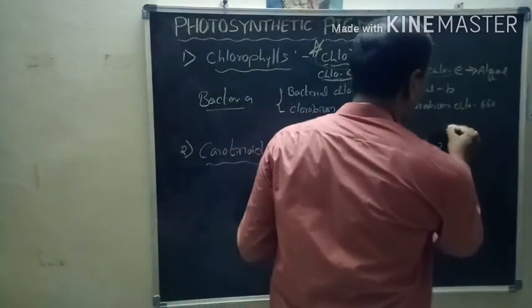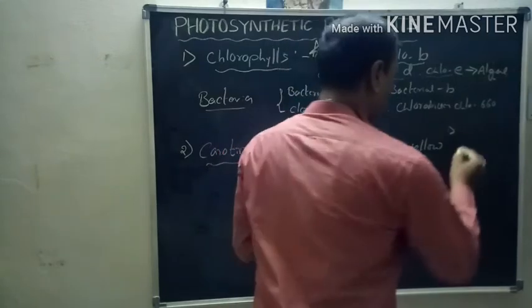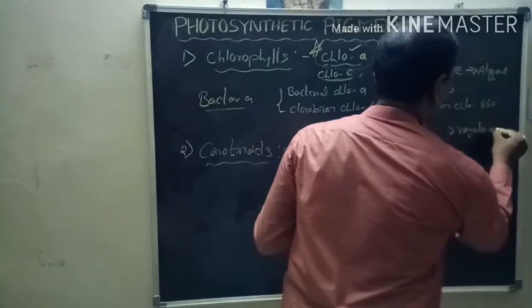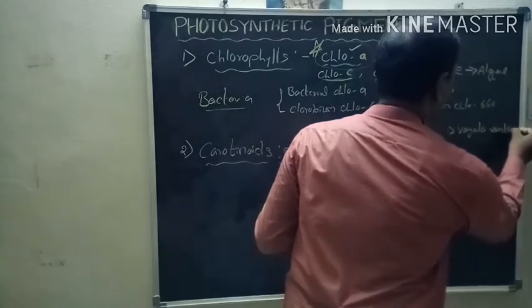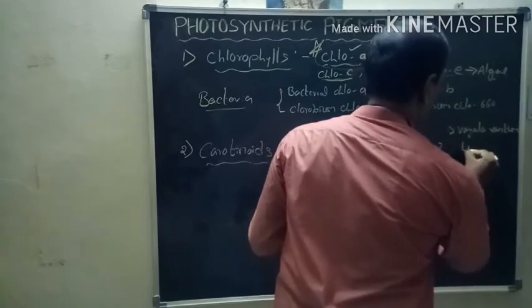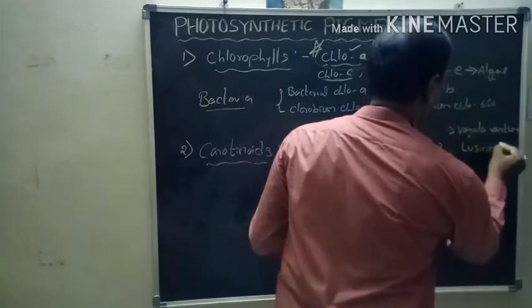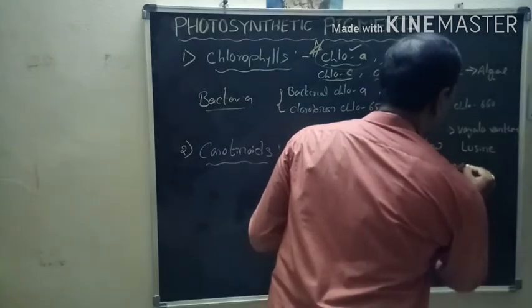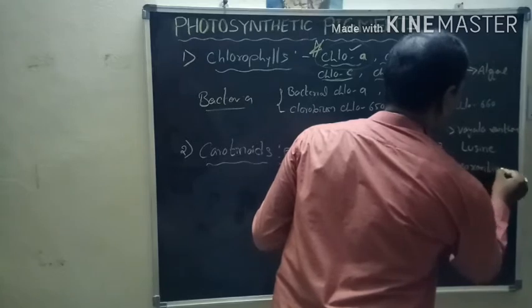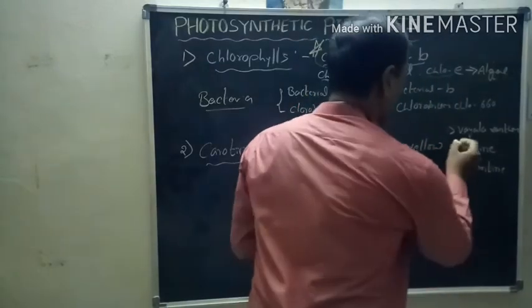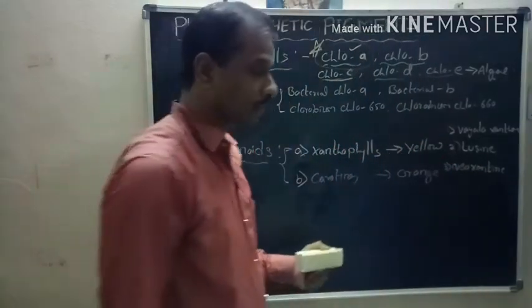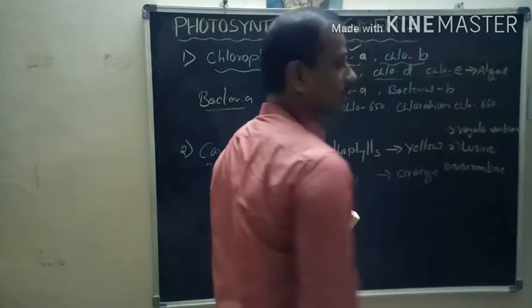See, what are the three types? Violaxanthin, lutein, and neoxanthin.